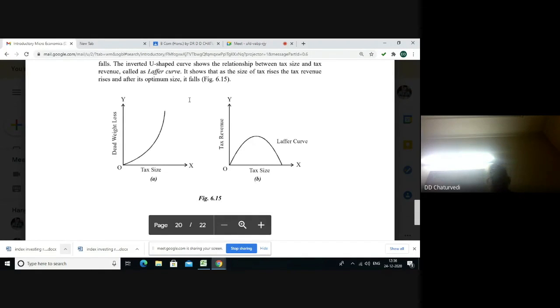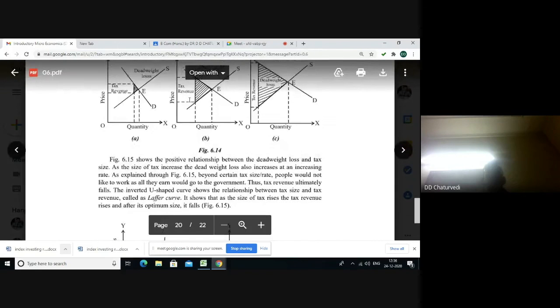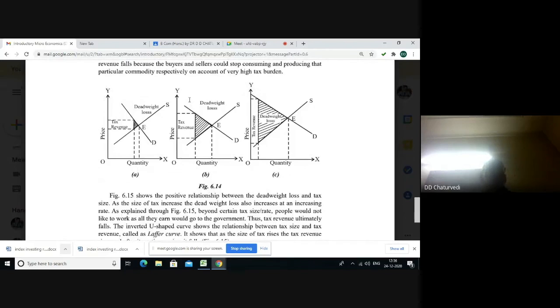But when we study the relationship between the tax rate and tax revenue, we find that it rises in the beginning, as shown by figure 6.14 also, where we find that tax revenue is rising when we move from 6.14a to 6.14b.